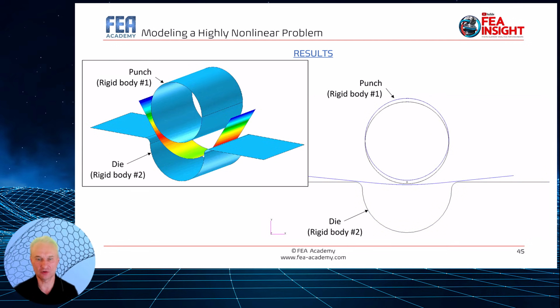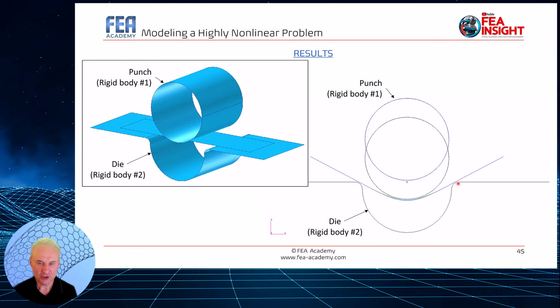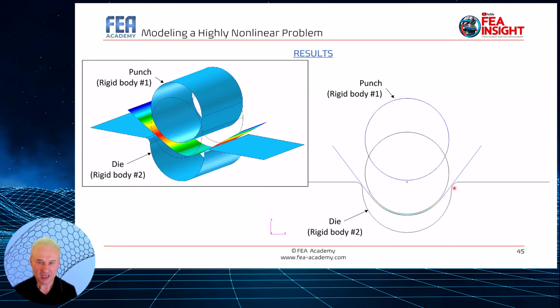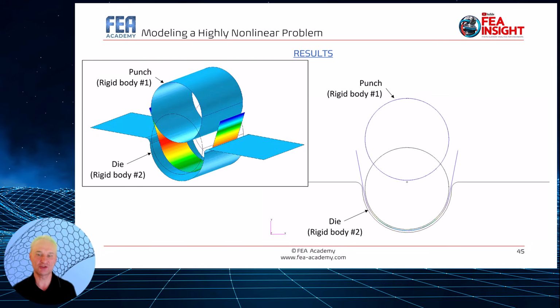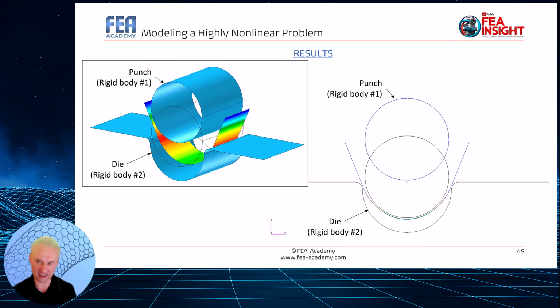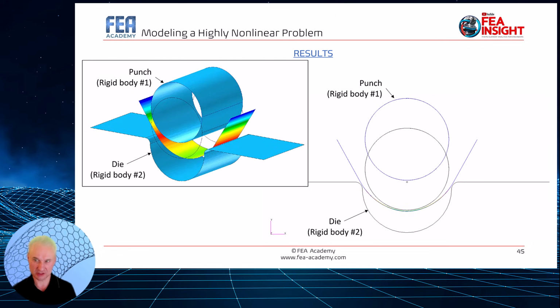The tangential force here, due to the friction, results in a stretching of the sheet, which in turn induces contact between the punch and the sheet during the complete forming history.